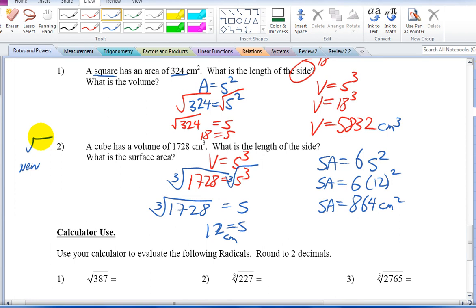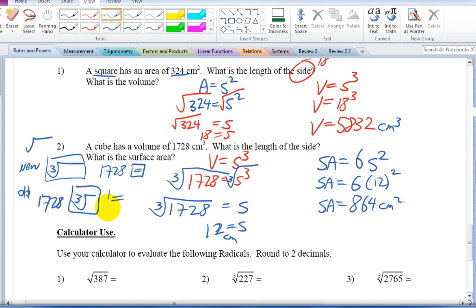So the new calculators, you would use your special cube root button, then enter 1728, then equals. For the old calculators, you enter 1728, then cube root button, and you might have to press shift, then equals. Some calculators have this x^(1/y).